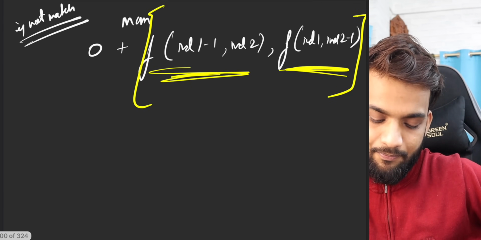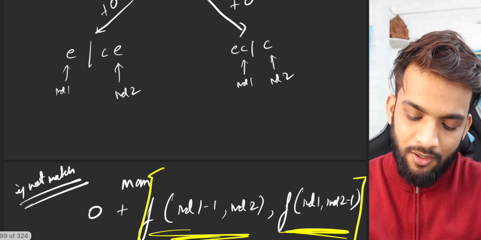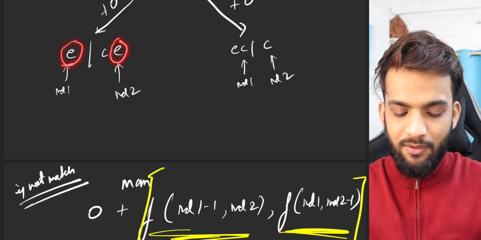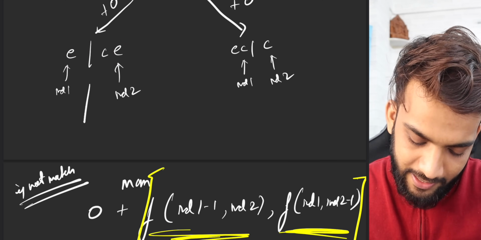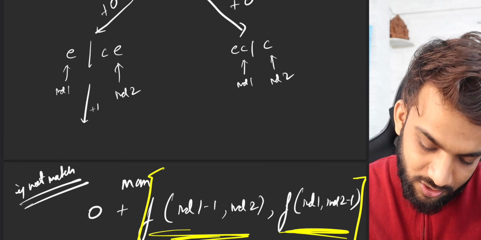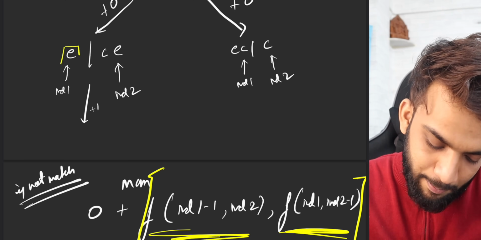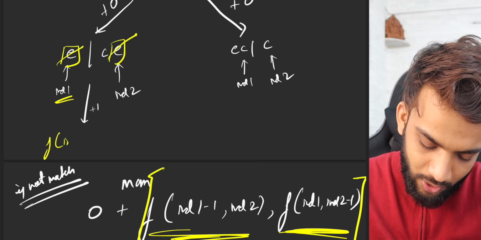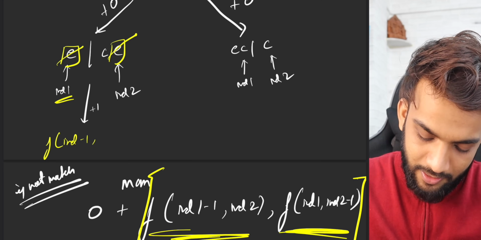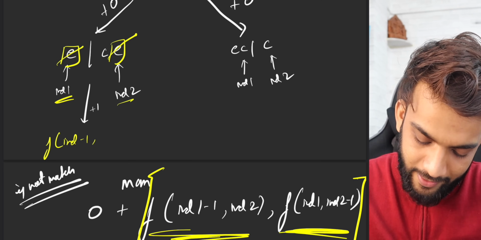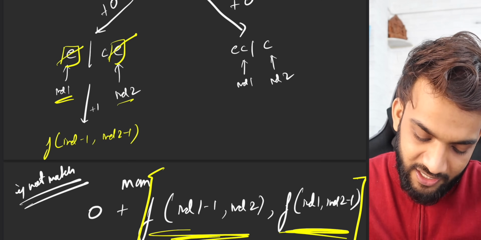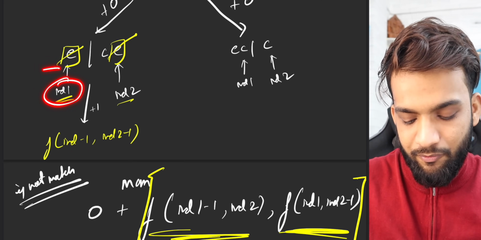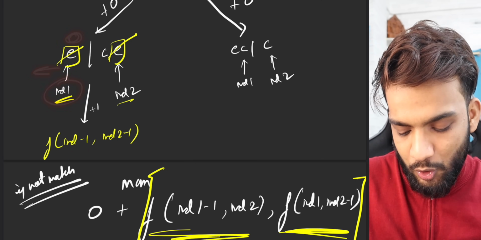At this portion, you will say I'll do plus 1 because this E matches with this C. Thereby, this index will go minus 1 and the other one will also go minus 1. But if this guy goes minus 1, it will go negative because this was the 0th index.